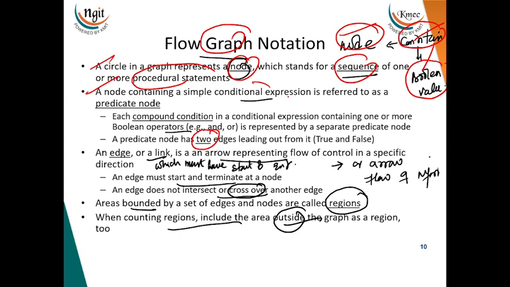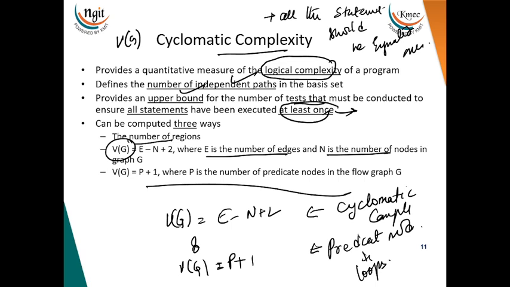The edge is a link which represents the flow of information, which must start somewhere and must also end, correct? And it cannot cross over things. Area boundaries are inside the region, and outside the region we also have to see. We will see all those things with the help of an example, correct? Then we have cyclomatic complexity, which is represented by V(G).